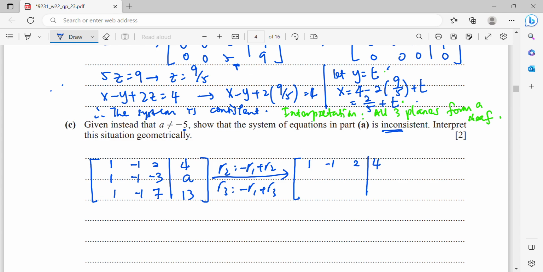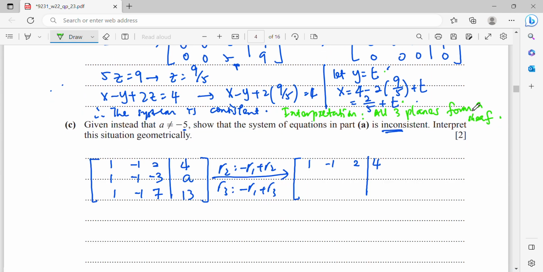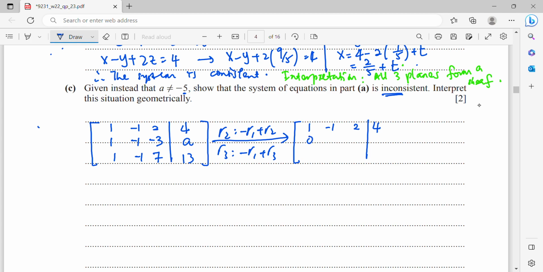Now, second row, all the results here will be the same, except the value after the slash. So I'm going to copy back 0, 0, minus 5. For the last value, instead of the number, we calculate using the operation minus R1 plus R2, so it becomes minus 4 plus a.